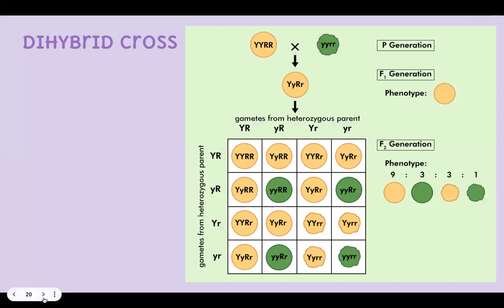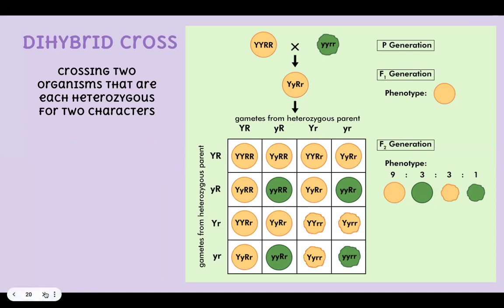So let's take a look at this dihybrid cross. Okay, this is a dihybrid cross in its most complicated form. And this is a true dihybrid, meaning two hybrids. So two parents who are double heterozygous. Heterozygous for two different characters. So Mendel actually looked at this when he was self-pollinating his F1 generation.